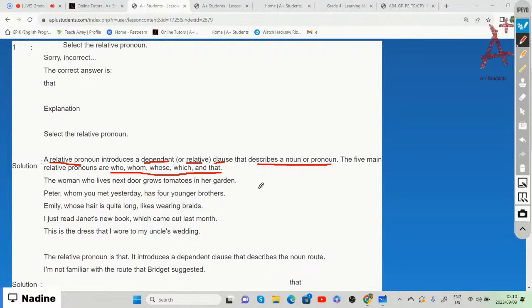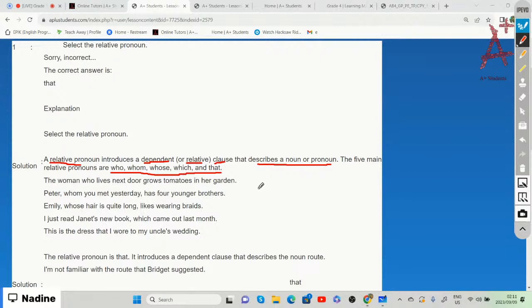Then the second one is Peter, whom you met yesterday, has four younger brothers.